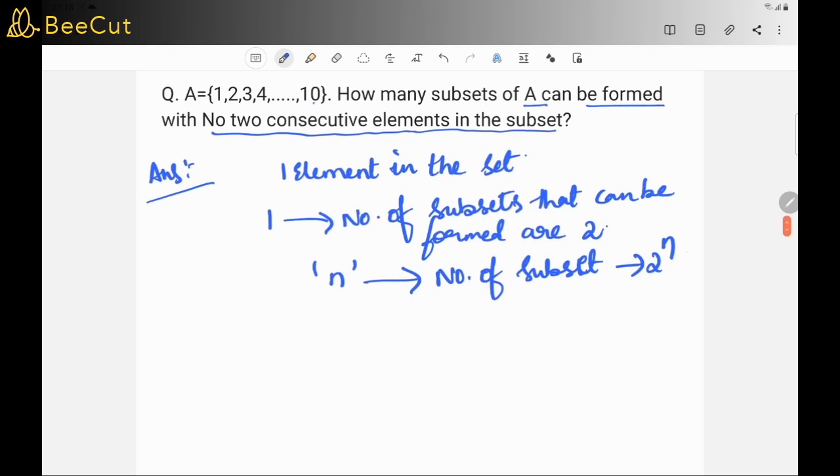So it has only one element, so the number of subsets that can be formed is 2.